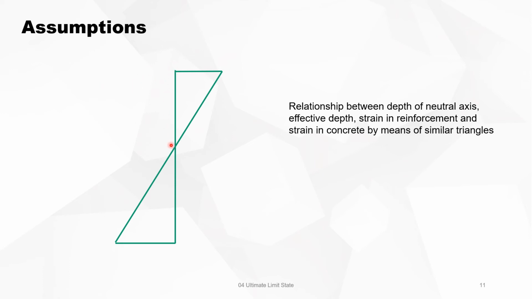You have the plane before loading, the plane after loading, strain in the concrete, strain in the steel, the effective depth, and the depth of the neutral axis. There is always a relationship between them because of similar triangles. We know this angle is equal to this angle. Those two angles are equal.